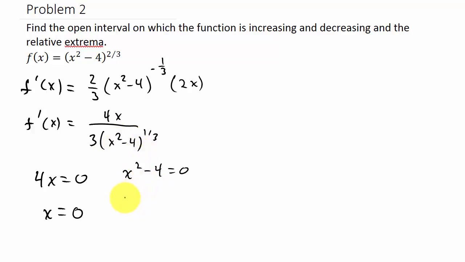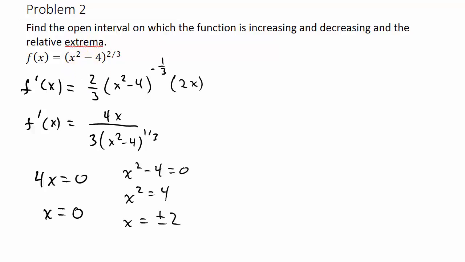If I solve it, I get x squared equals 4, x equals plus or minus 2. Now that we found our critical numbers, plus and minus 2 are critical numbers because that's where the first derivative is undefined, but plus and minus 2 is also in the domain of the function.